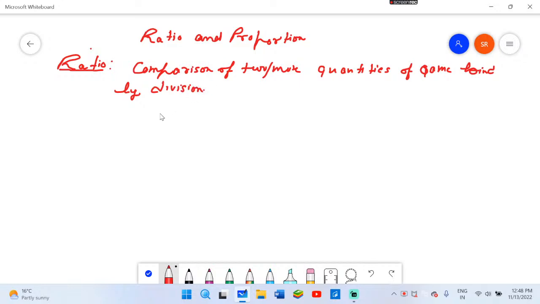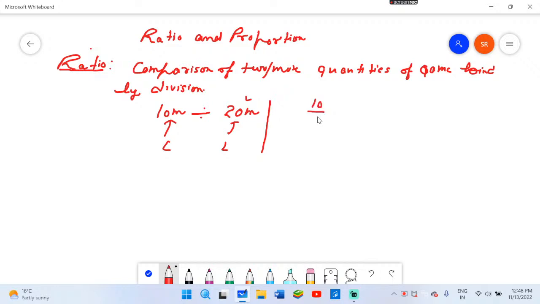For example, 10-meter length and 20-meter length. We compare these two. Quantities are of same kind. It is length, it is also length. And these must also be in the same set of units, meter and meter. So we compare them.